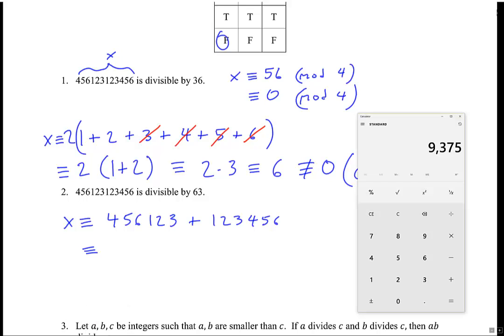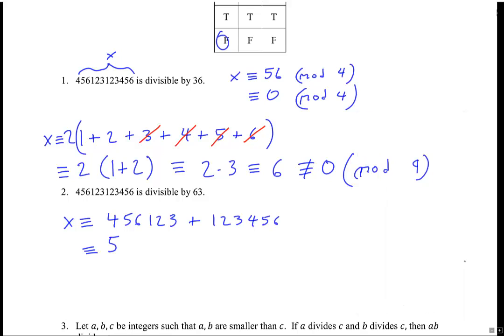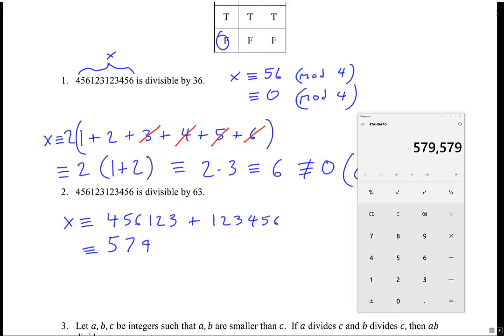And this should be a job that our dinky little calculator can handle. So 4, 5, 6, 1, 2, 3, plus 1, 2, 3, 4, 5, 6 equals this number. So it's 5, 7, 9, 5, 7, 9.